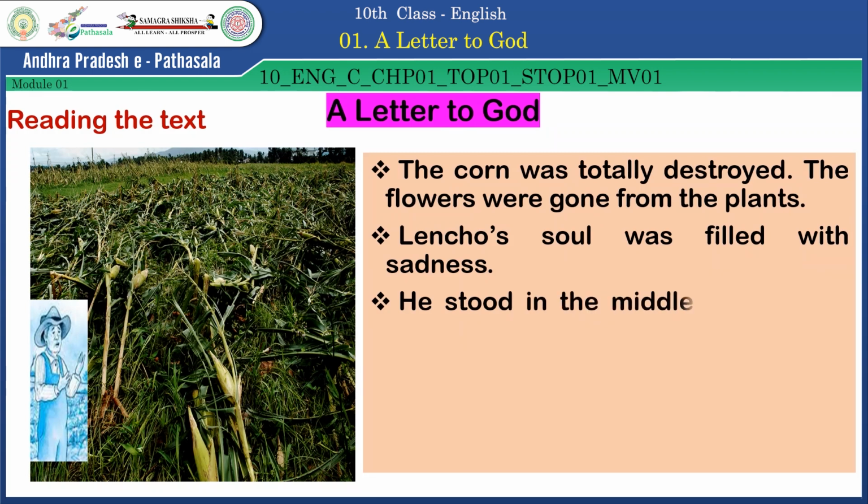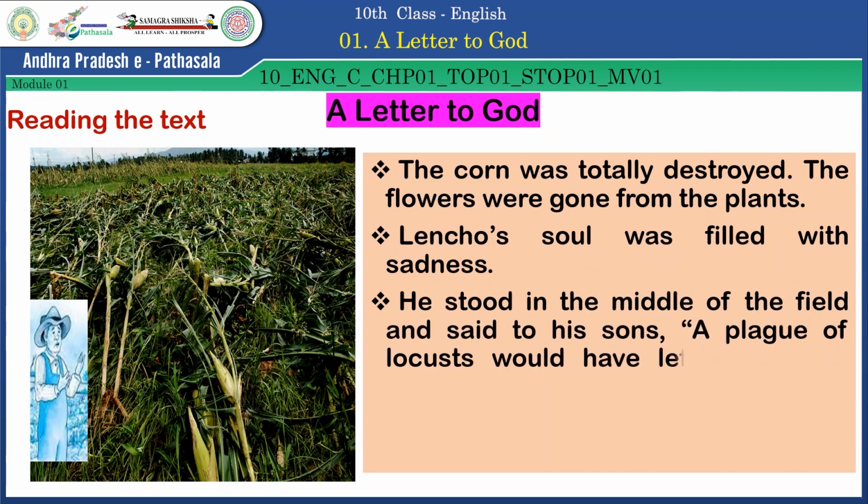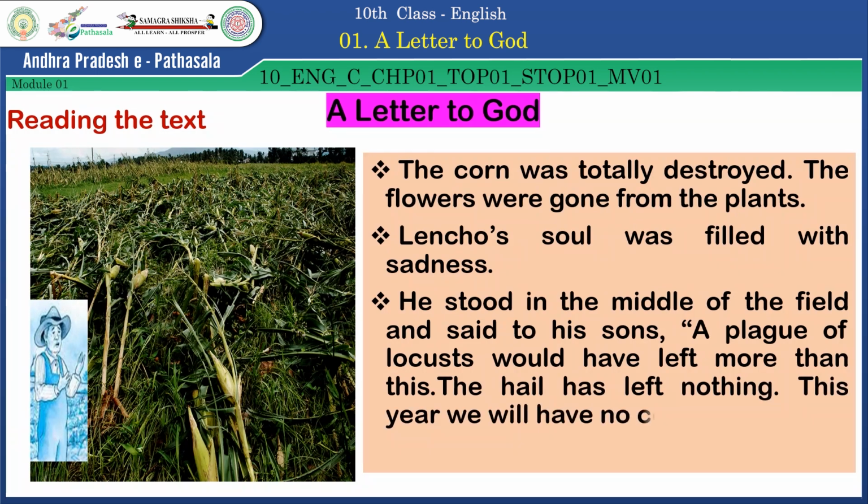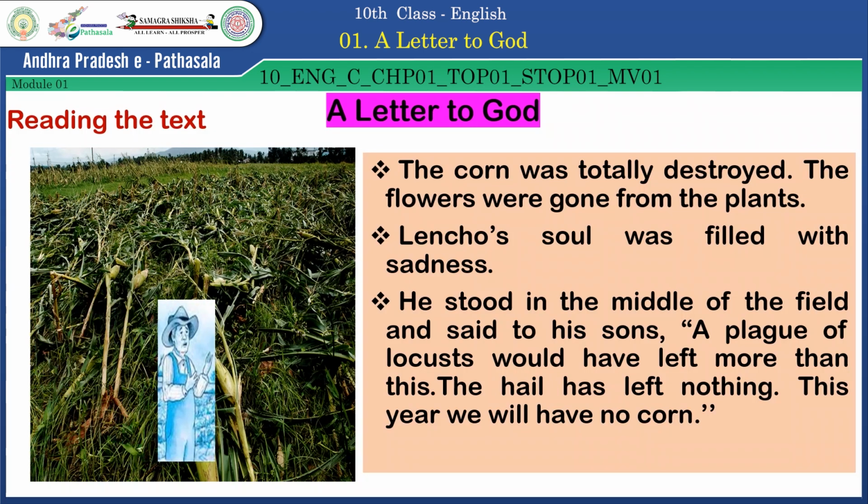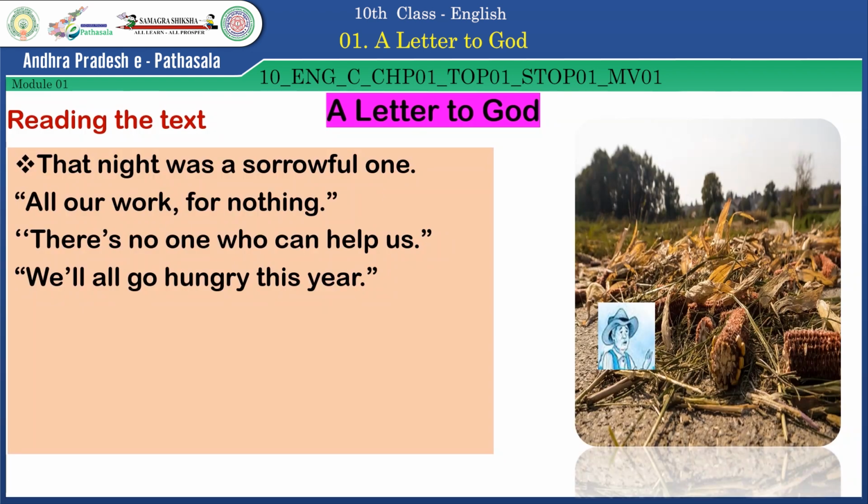He stood in the middle of the field and said to his sons, "A plague of locusts would have left more than this. The hail has left nothing. This year we will have no corn." That night was a sorrowful one. "All our work for nothing.